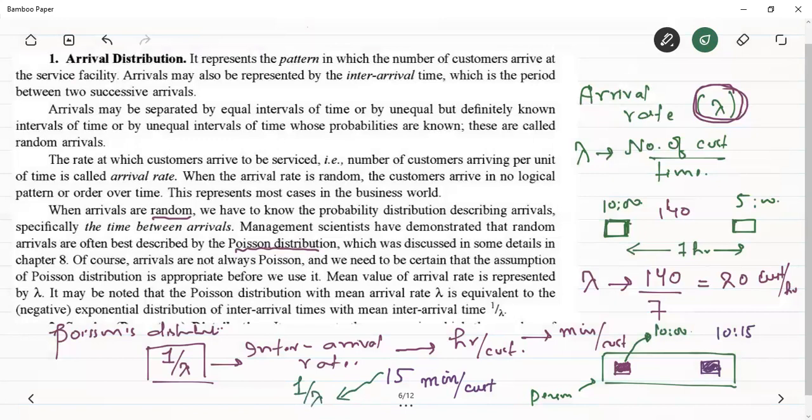Okay, I hope it is clear. Arrival rate क्या होता है, नंबर ऑफ कस्टमर्स पर यूनिट टाइम। इंटर अराइवल मींस कि कितने टाइम के बाद नया कस्टमर आता है। ओके, एंड दैट इज रिप्रेजेंटेड बाय 1 by lambda and its unit is minutes per customer or hours per customer. Okay, so this is regarding the arrival.